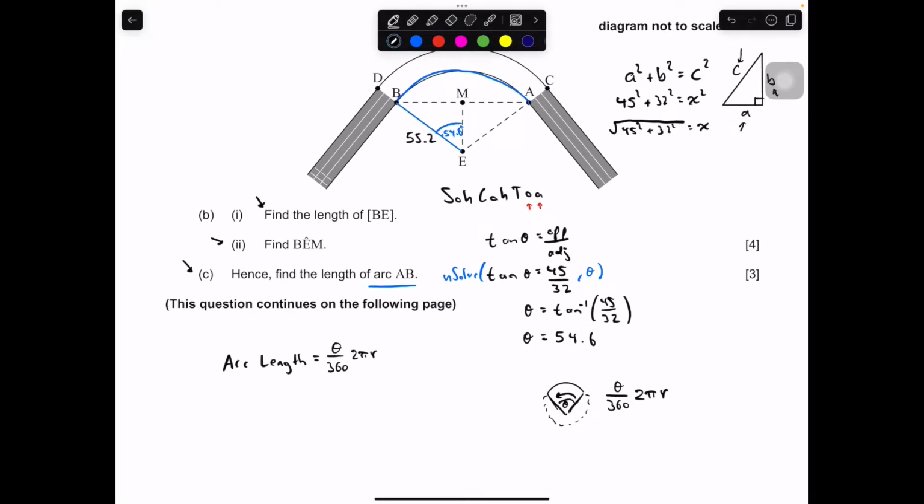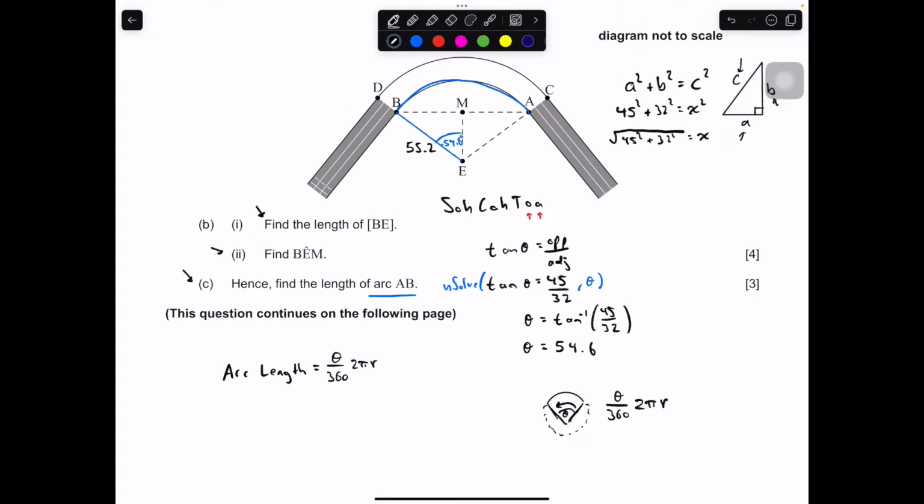So find the length of arc AB. What do we need to solve for? We need to find r and theta. We already know we have this value, 54.6. This side length right here and this side length right here are the same, because this is the midpoint, and this is the midpoint.